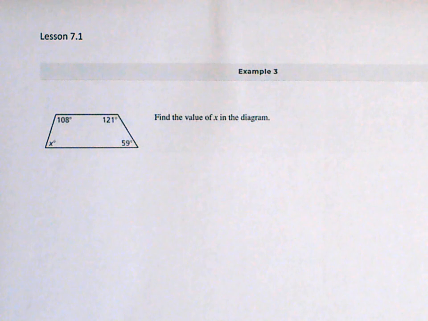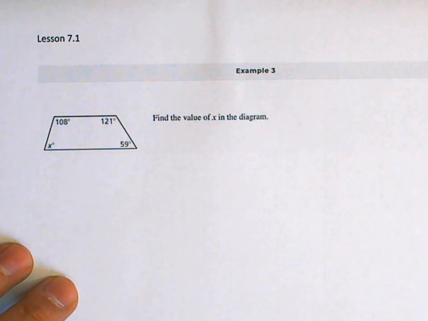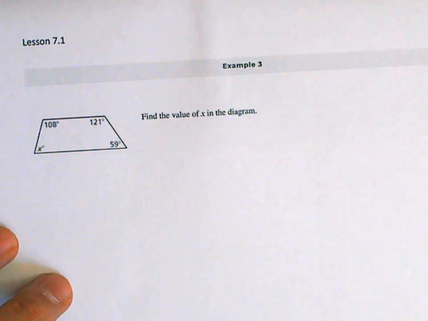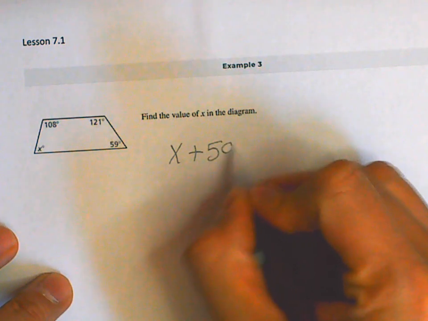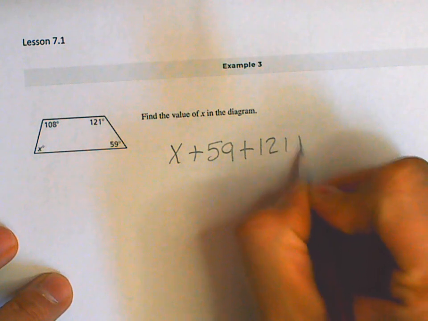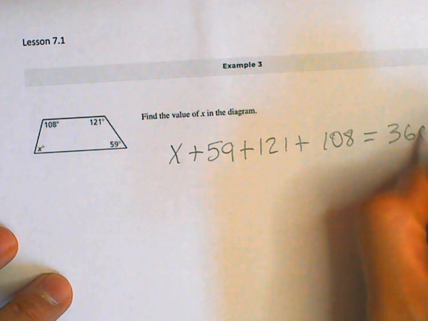Now, for this problem, we're going to use the corollary to the polygon interior angle theorem that states that the sum of the angles of a quadrilateral is 360. So here, x plus 59 plus 121 plus 108 equals 360.